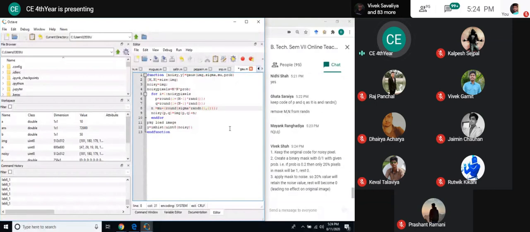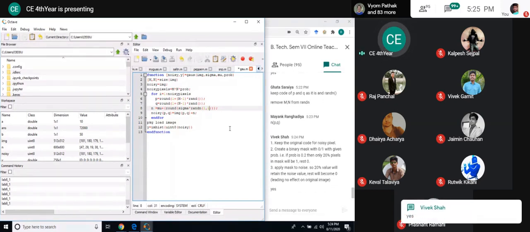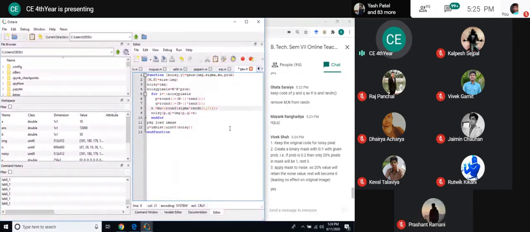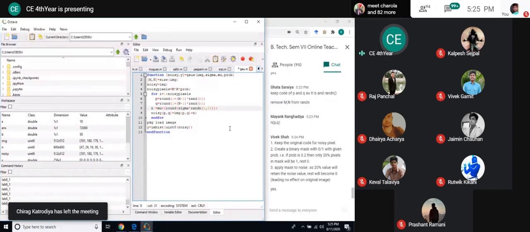Okay, so just use the previous code of, I think, Gaussian and just mask them. That is your point. Okay, understood. What Vivek is trying to say is: generate the entire matrix of this Gaussian noise, and just mask the other values. Keep 20% random pixels as 1, other values should be 0, and just multiply it with the n and then add it. Yes, it will work.